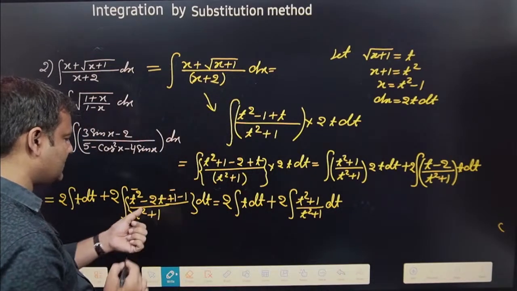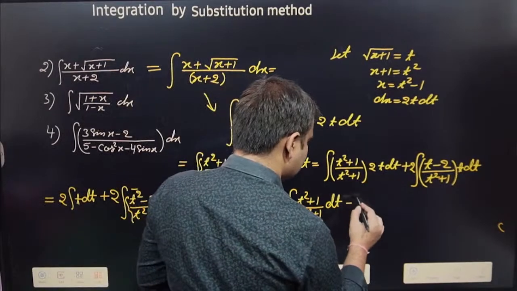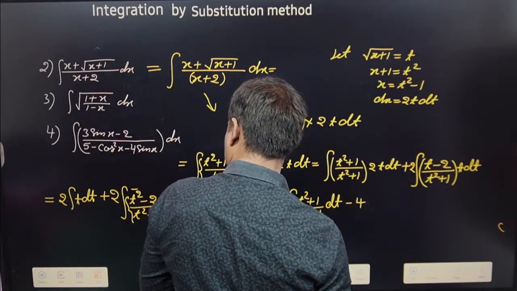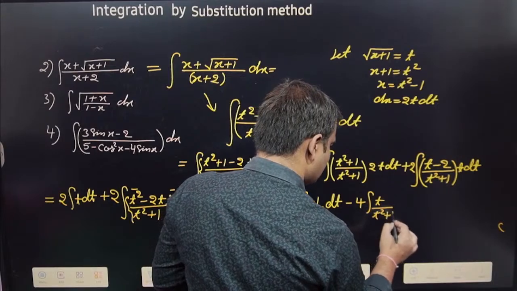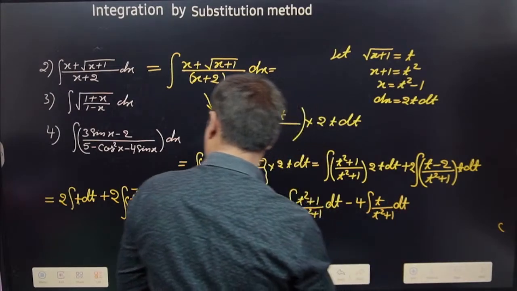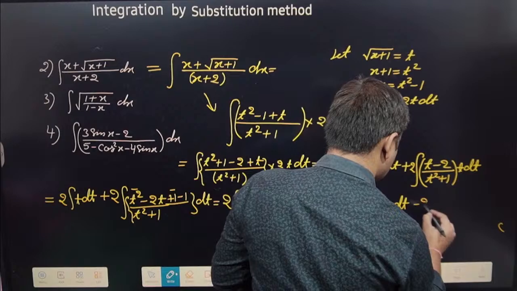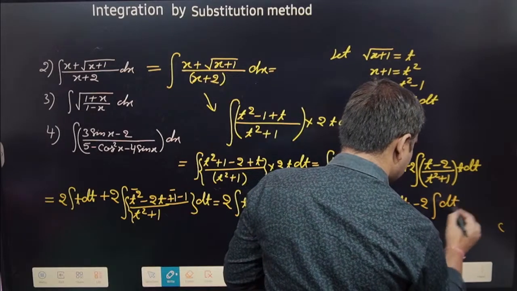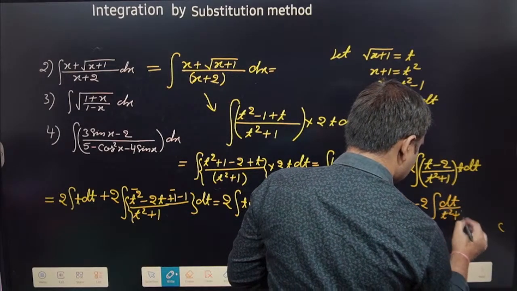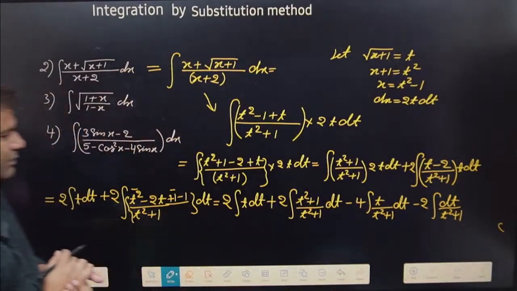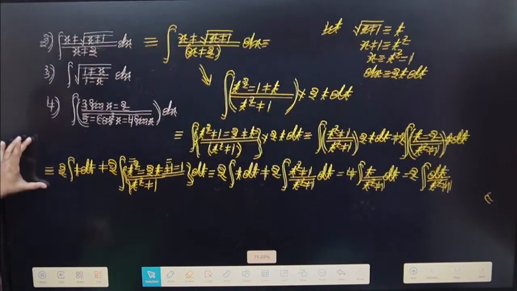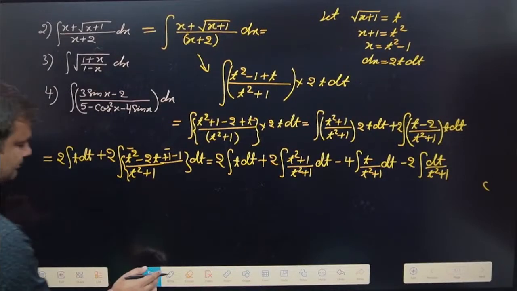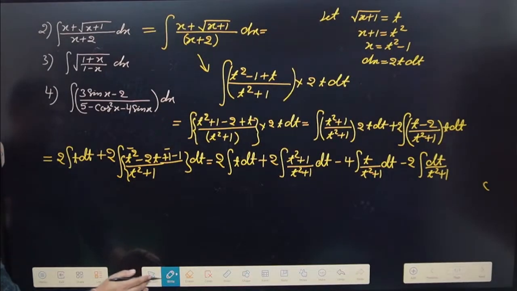Now next one, after that minus 2t, so minus 2 times 2t upon t square plus 1 dt, and minus 2 dt divided by how much? t square plus 1. Okay, after that, look, what about that value?